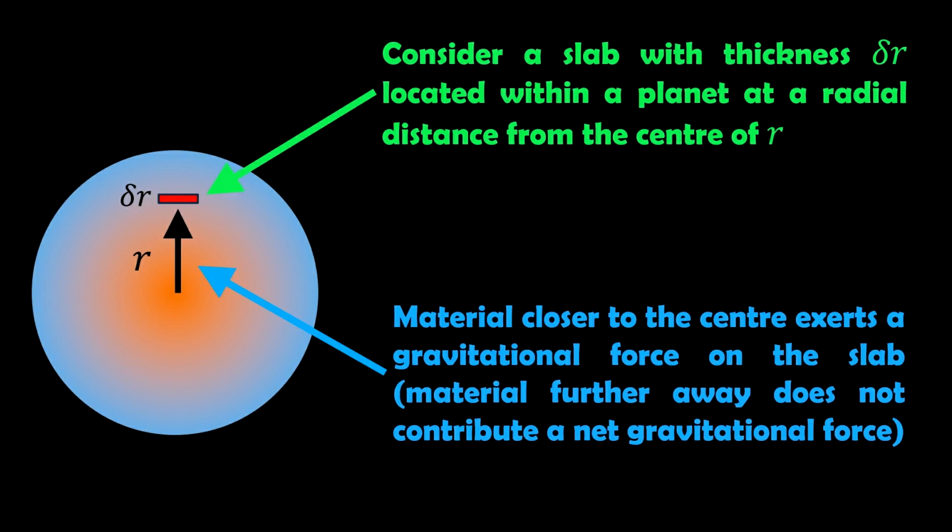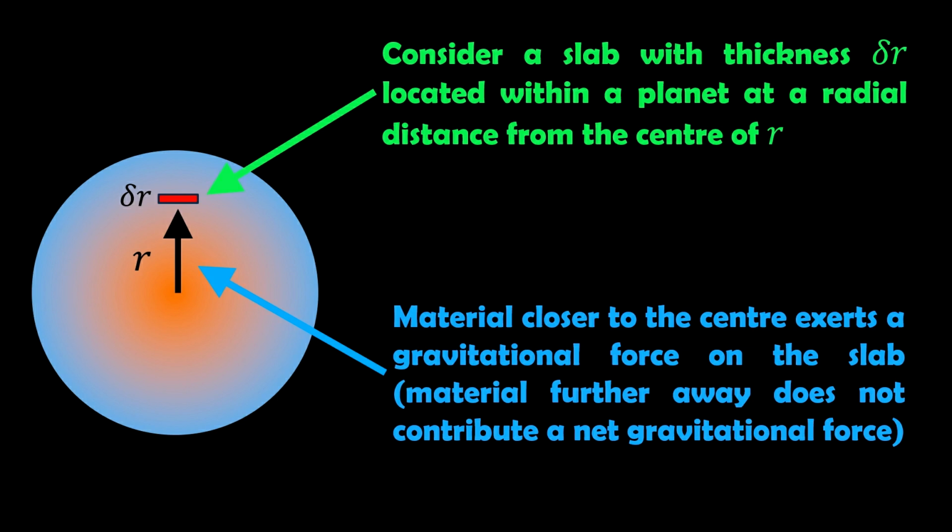So the first thing we need to do to work towards finding an expression for this is to consider a slab inside the actual planet. We've got a slab, it's going to have some thickness, delta R. It's located inside the planet at some radial distance from the center of R. Now, the material closer to the center than the slab itself is going to exert a gravitational force on the slab.